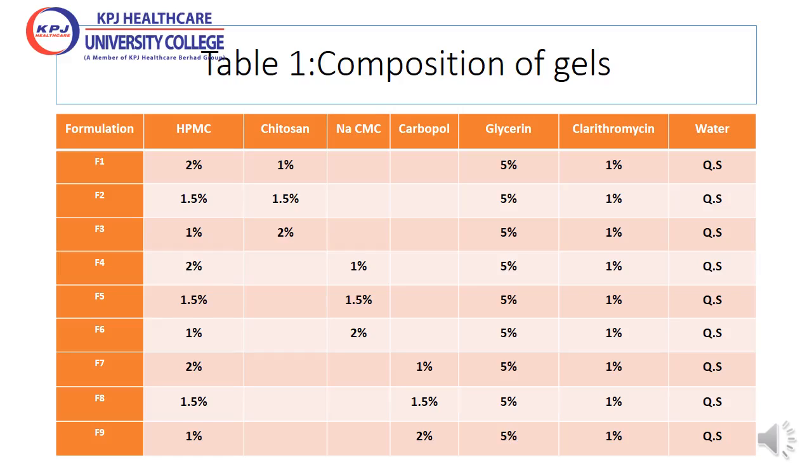F1 to F3 used HPMC chitosan. F4 to F6 we used HPMC and sodium CMC, and F7 to F9 we used HPMC and carbopol. Glycerin was used as humectant for the formulation of gels at a constant percentage of 5%, and clarithromycin 1% was added on the gel formulations. Water was used.